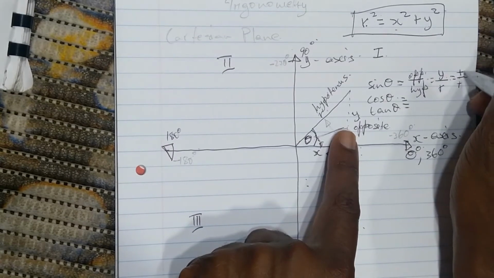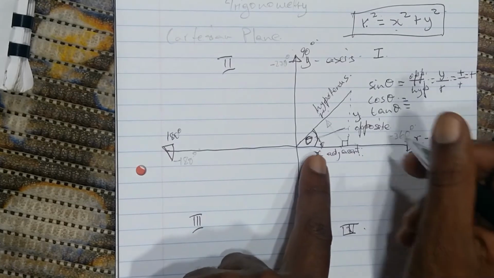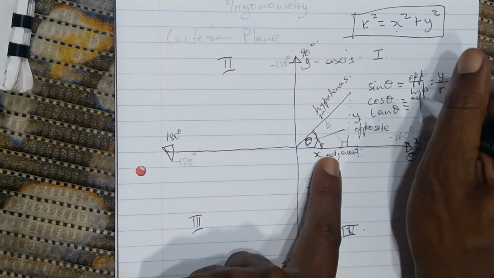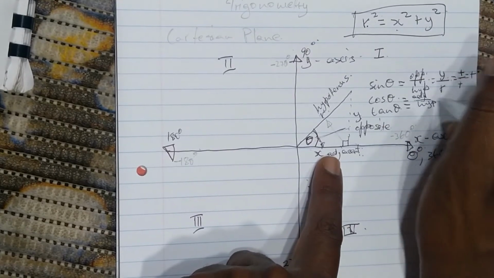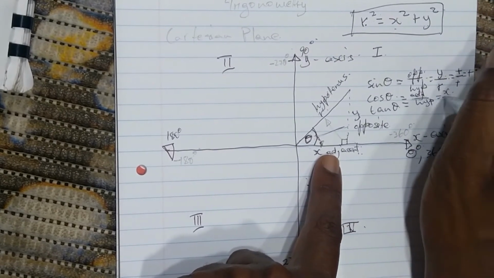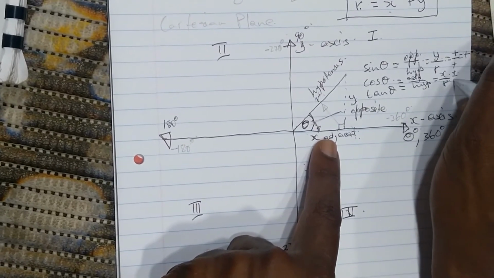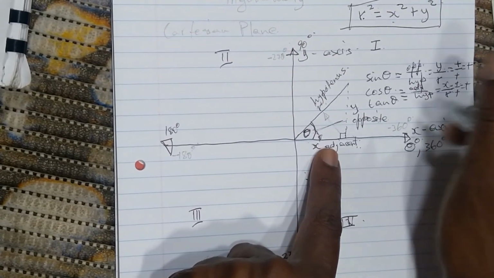So positive over positive will give us positive. Let's now look at cos, which is adjacent over hypotenuse, which is x over r. Again here it is positive over positive, which does give us a positive as well.